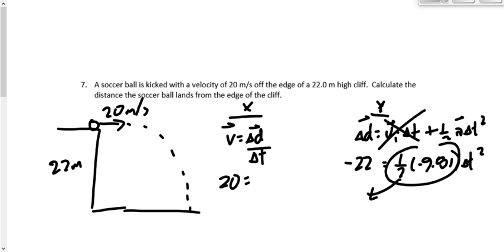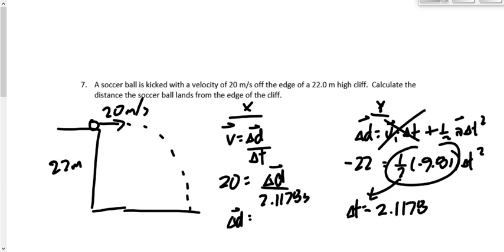Square root it. Because then we've got t squared is equal to 4 point something. So square root it to get a time of 2.1178. And then we sub that in up here, and we get a displacement of 42.4 meters.